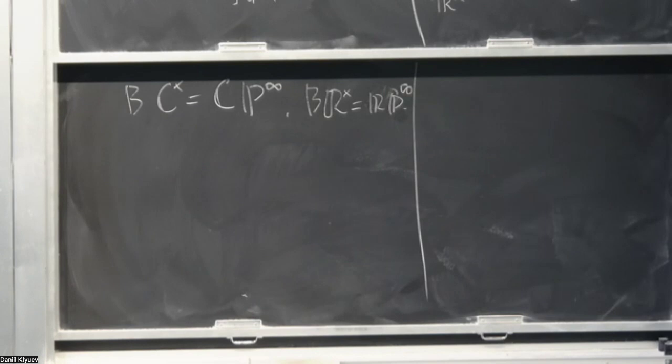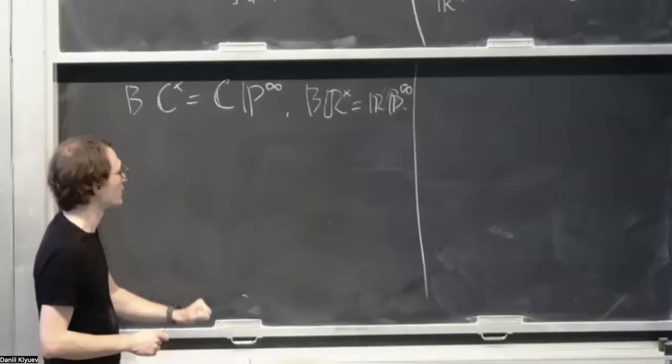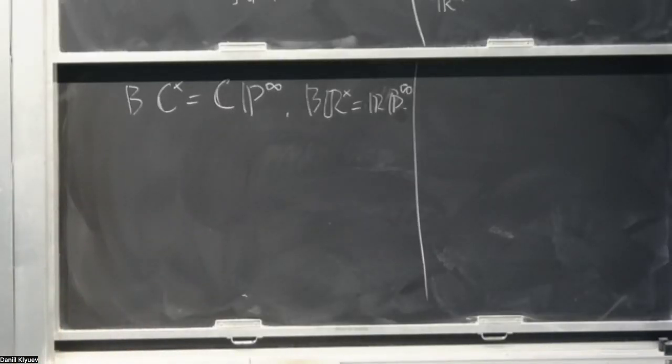Okay, so let me say some basic properties of this thing, and then I will kind of prove that this thing is indeed universal, or at least, yeah. Why is it important that EG is contractible?